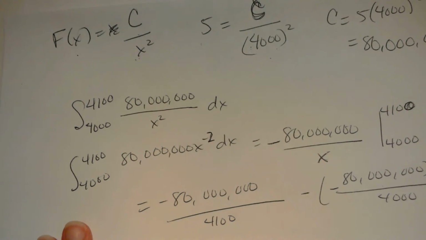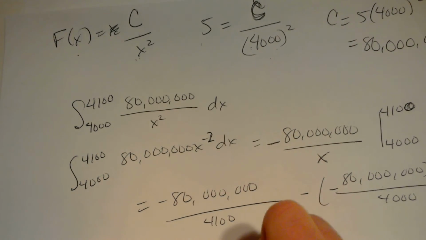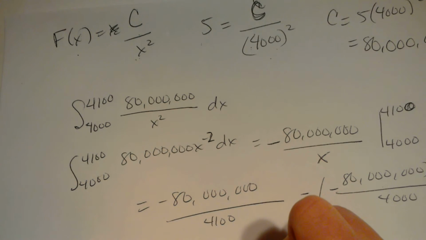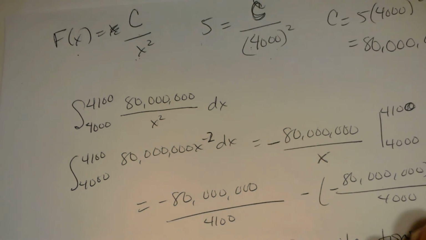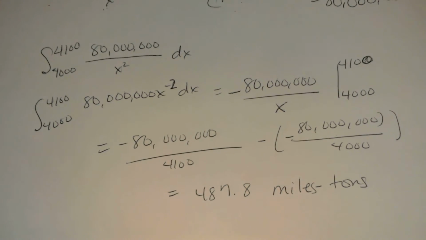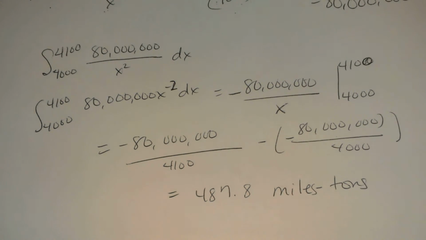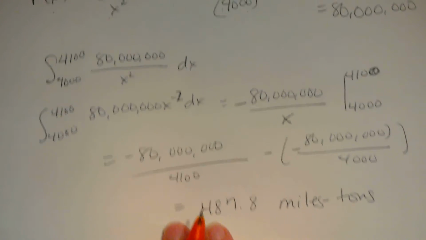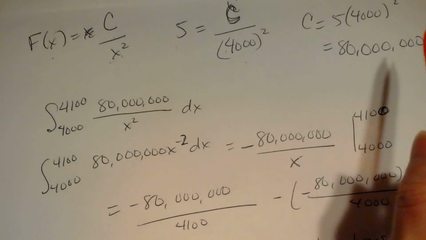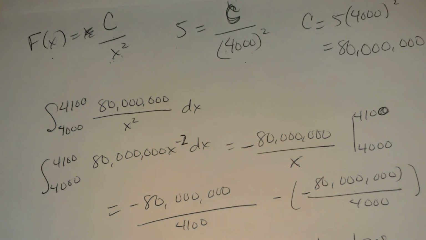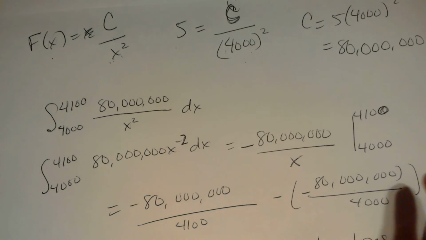If we plug that into our calculator, I get 487.8, and that's miles-tons. Oh, and I completely lost you off the screen. Okay, so if we're dealing with gravity, this is the formula we're using. If you're stretching a spring, we're talking about our force equals K times our distance.